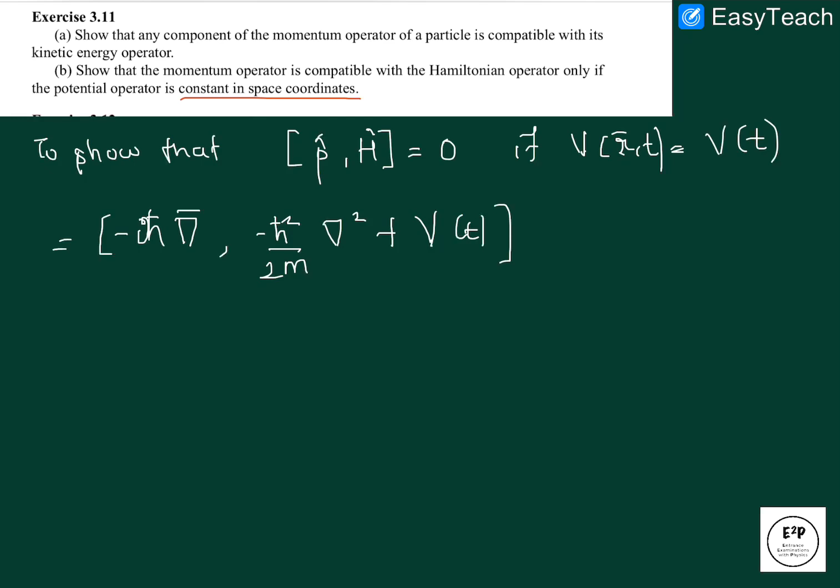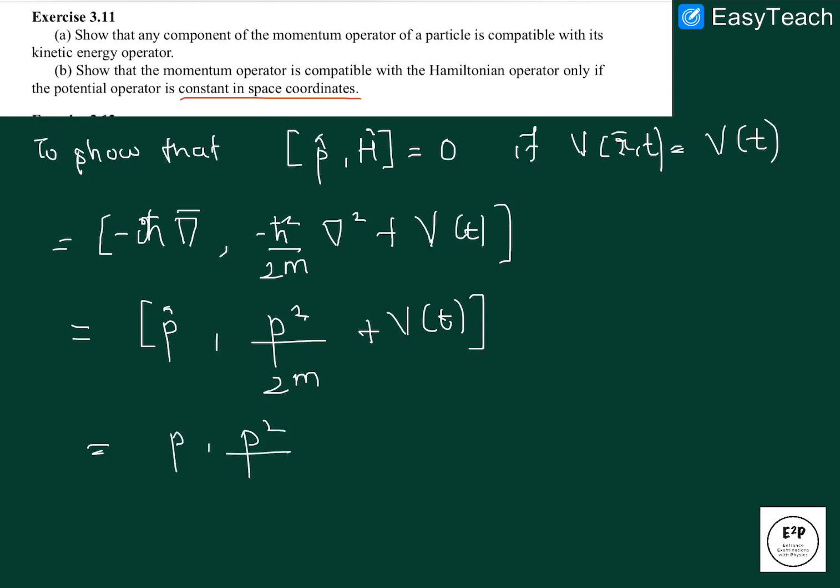Or in other words, I can also write this as P cap into P square by 2m plus V of t. So now separating these terms, I have P square by 2m plus P V of t.